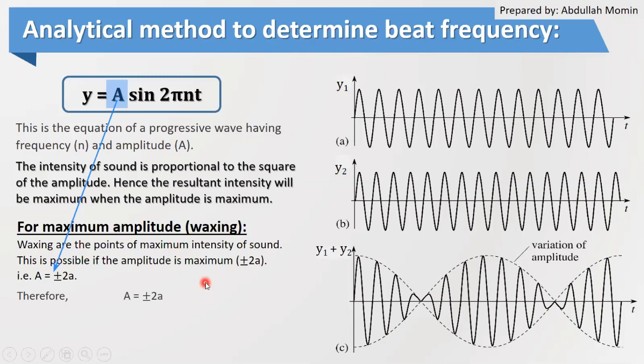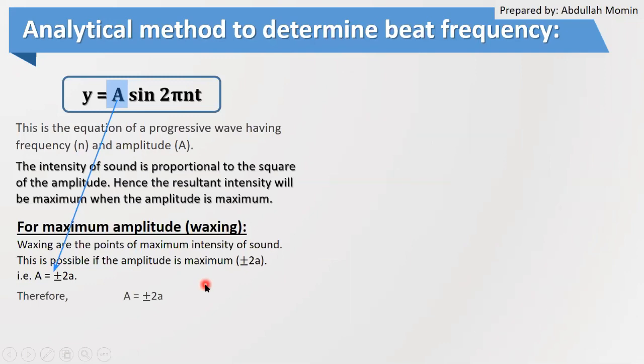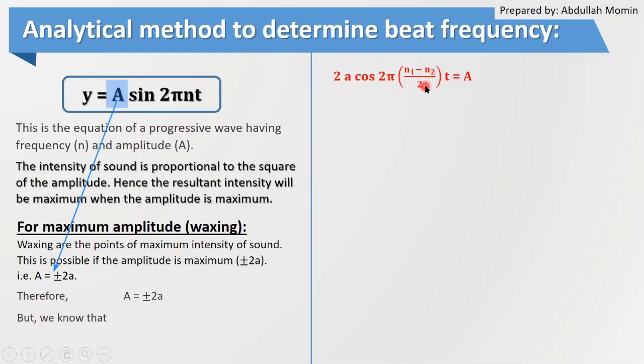But what is A? In our previous slide we saw that A = 2a cos 2π((n1 - n2)/2)t. In this equation, the value of A is ±2a. So instead of A we put ±2a.